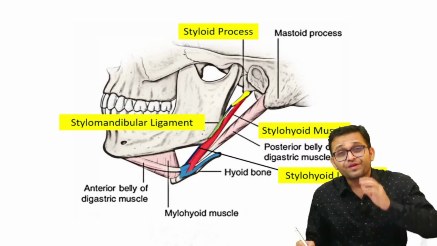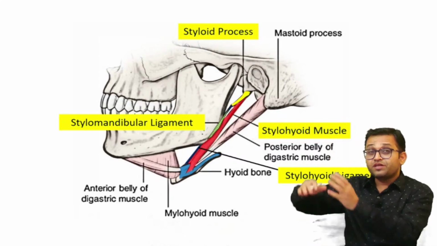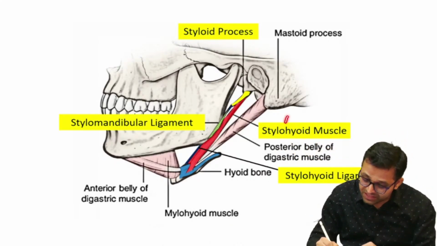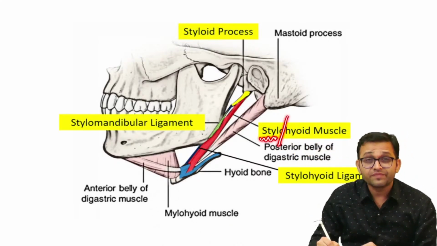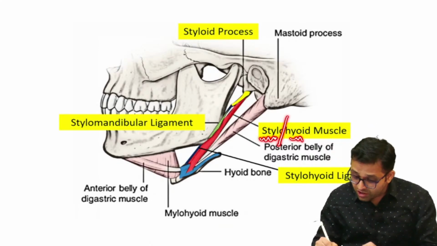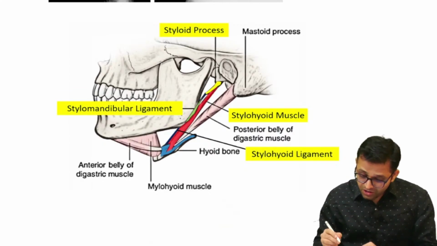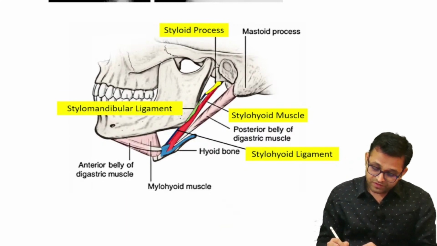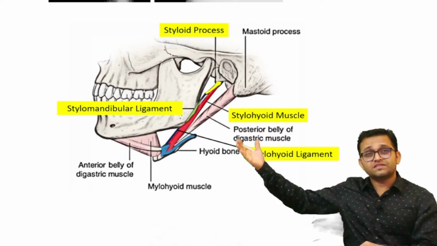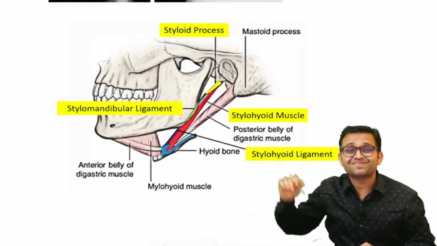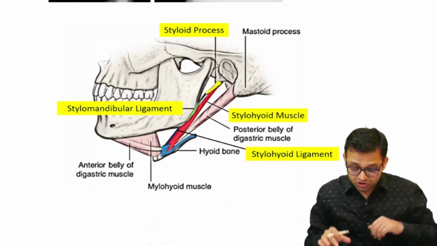Always I told you, break the name and think about it. Stylo plus hyoid muscle means it is taking origin from the styloid process and getting insertion into the hyoid bone. So it is the stylohyoid muscle. Okay. Also you can observe, more and more things we will discuss, but this styloid process along with the attached structures is known as our styloid apparatus.